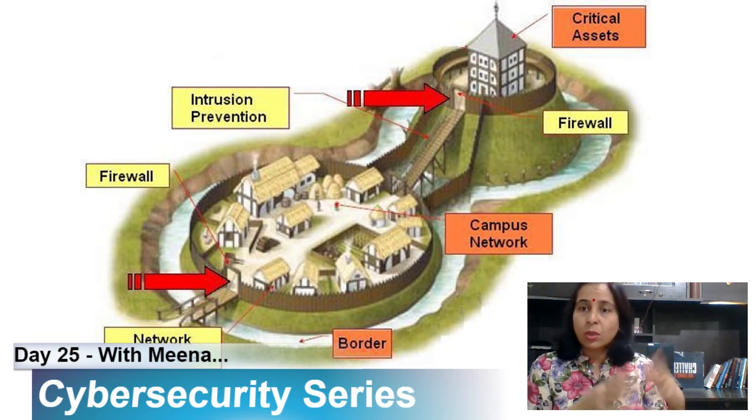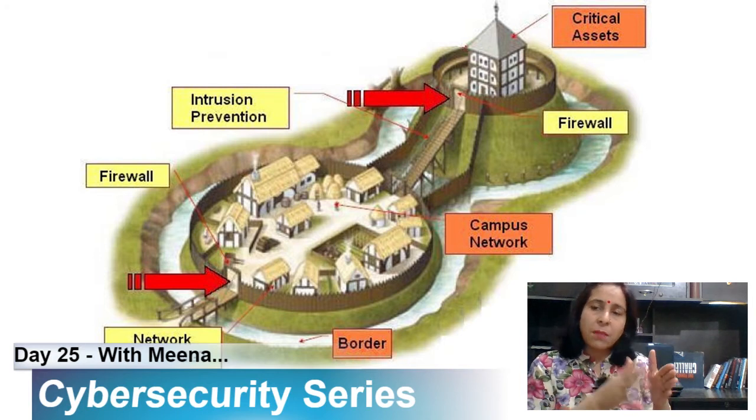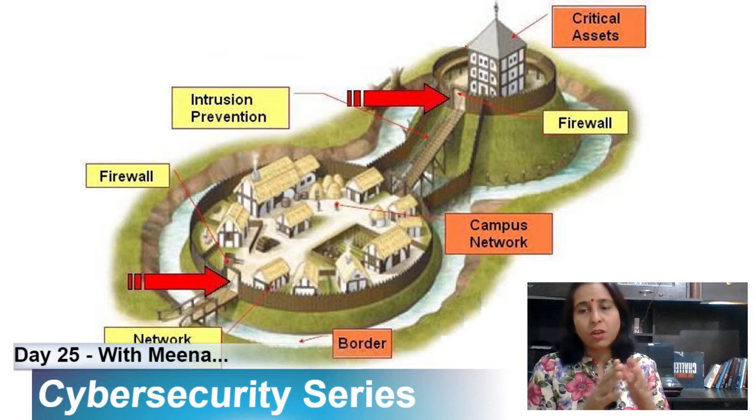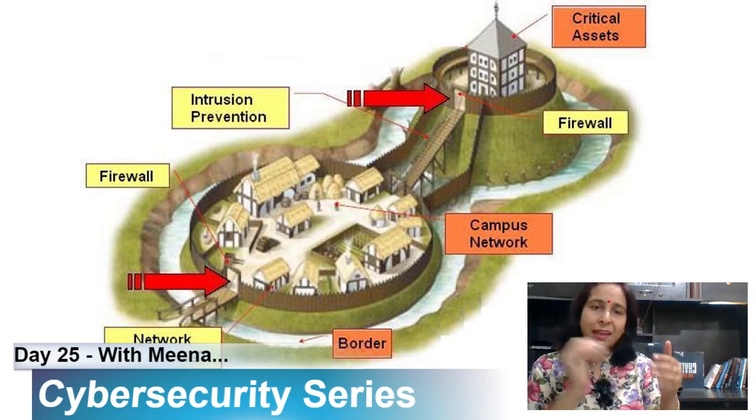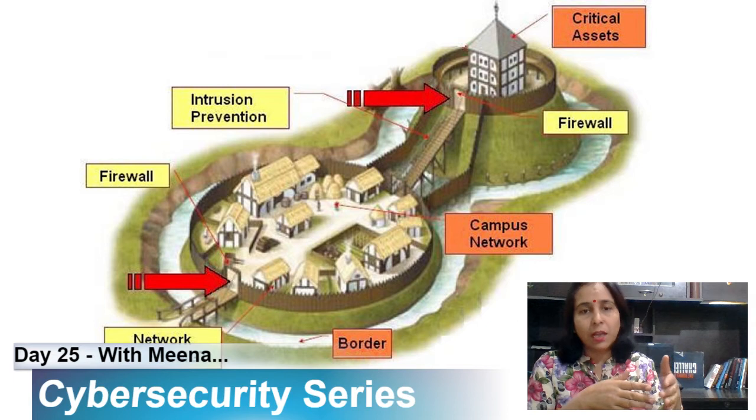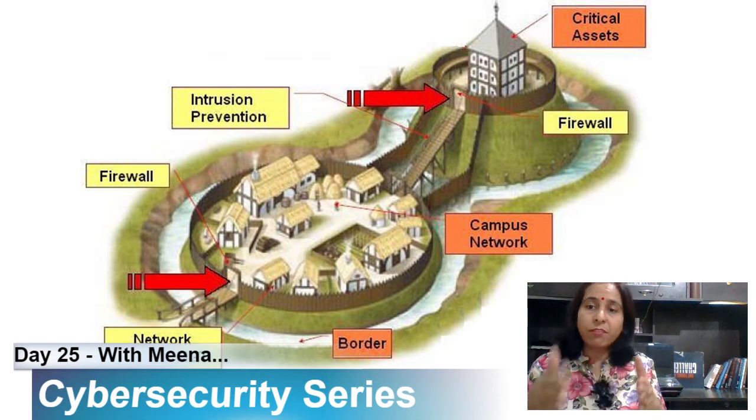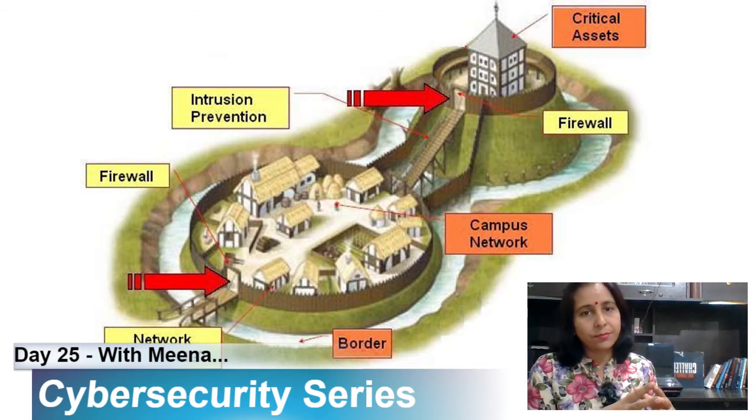That is defense in depth, meaning if somehow attackers are able to penetrate or break one layer, they need to fight with the next layer. We are putting different security devices, security services, and security policies so that we can protect our critical data.